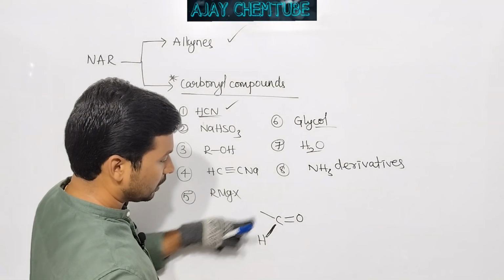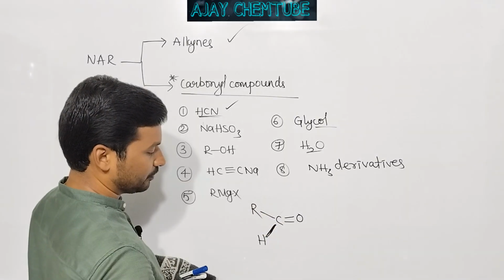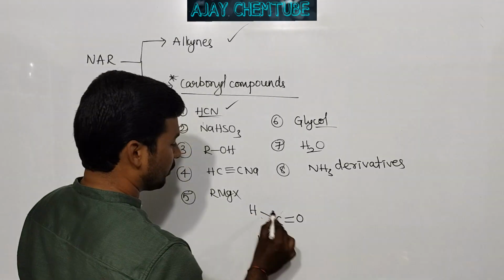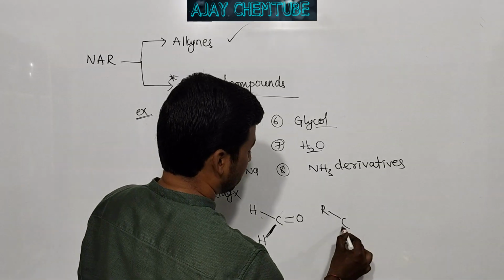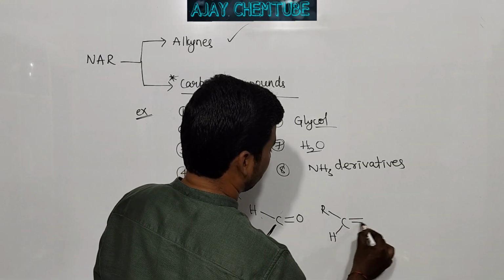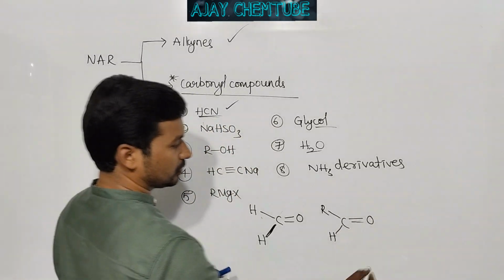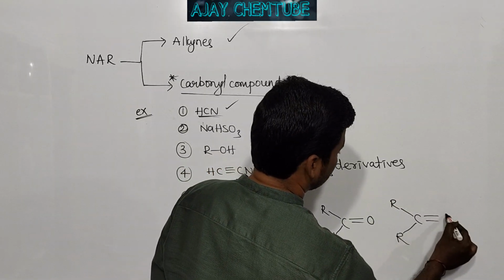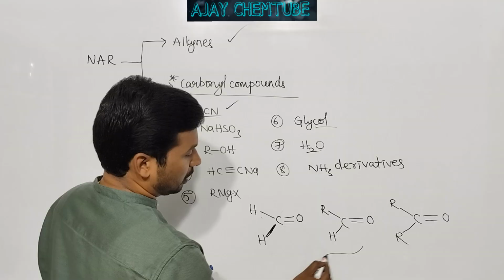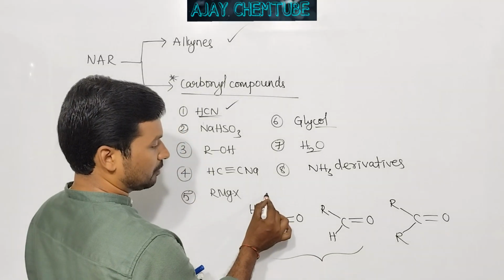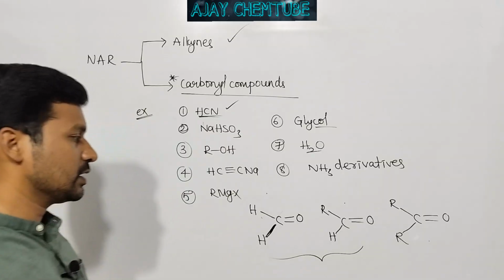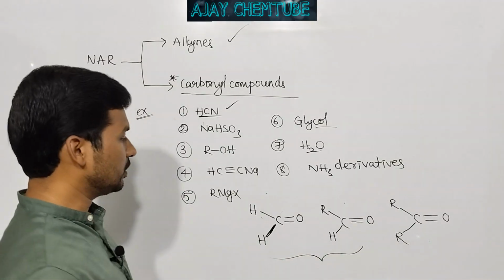If one alkyl group comes here, that is an aldehyde. This is formaldehyde and this is another aldehyde other than formaldehyde. Both are aldehydes only. If two are alkyl groups, that is a ketone. All these compounds undergo nucleophilic addition reaction.